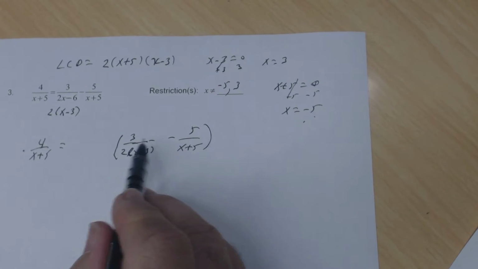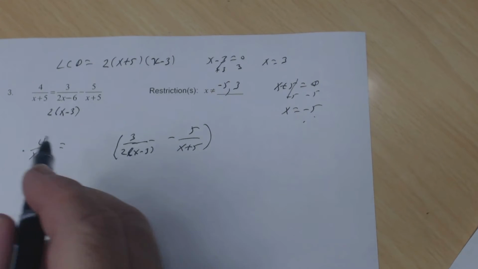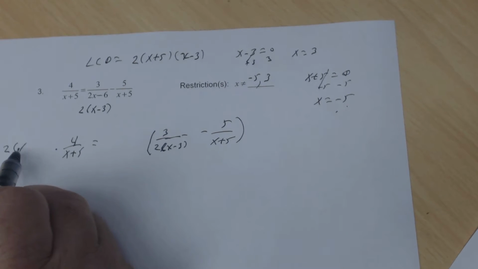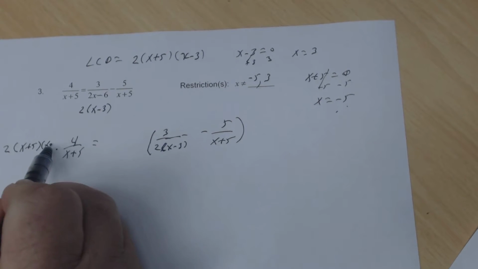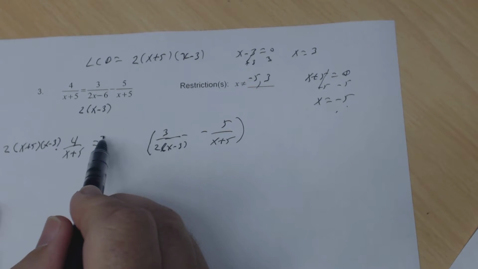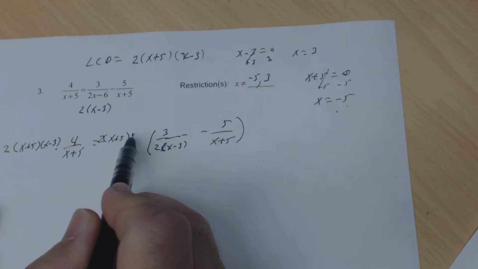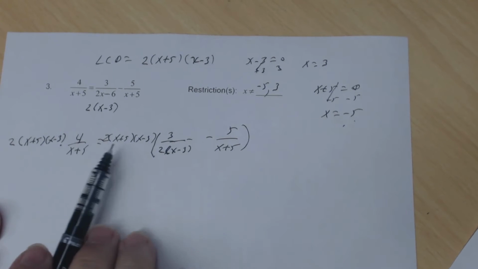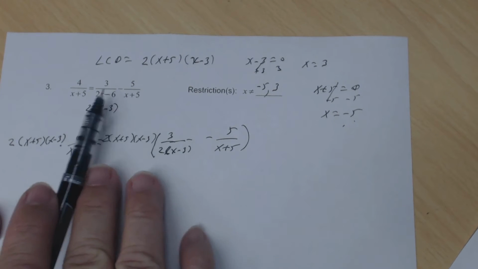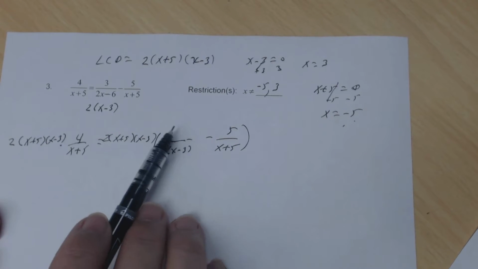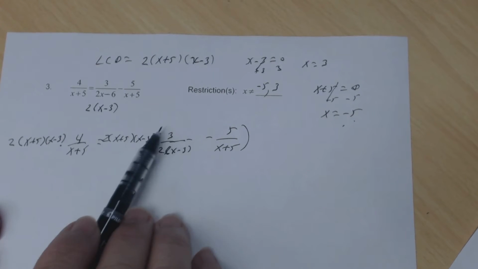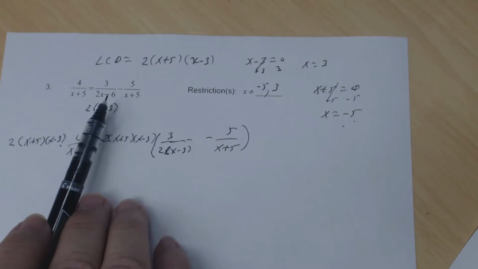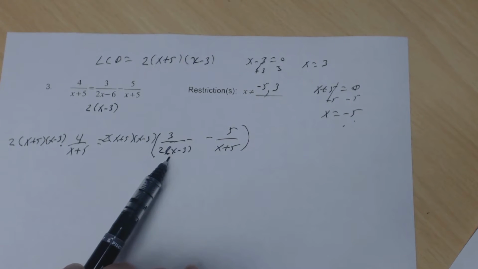I'm multiplying both sides by the LCD, so you're going to say 2 times x plus 5 times x minus 3, and then over here, 2 times x plus 5 times x minus 3. So multiply both sides of this equation by the LCD. I put this side in parentheses because there's more than one fraction. And also remember, if you can factor the denominators, you want to leave them in factored form.